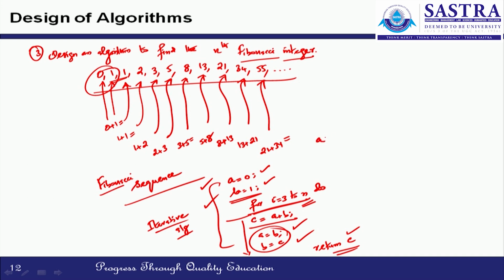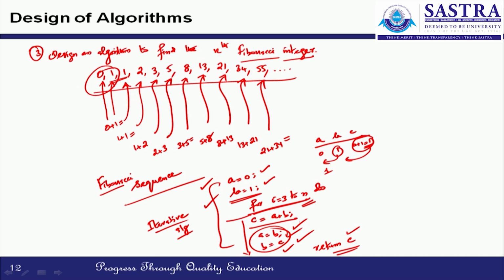Since a is 0, b is 1, c is updated to 0 plus 1 is equal to 1. Next, this b should be assigned to a. That's what a is equal to b is written. The value of c should be assigned to b.